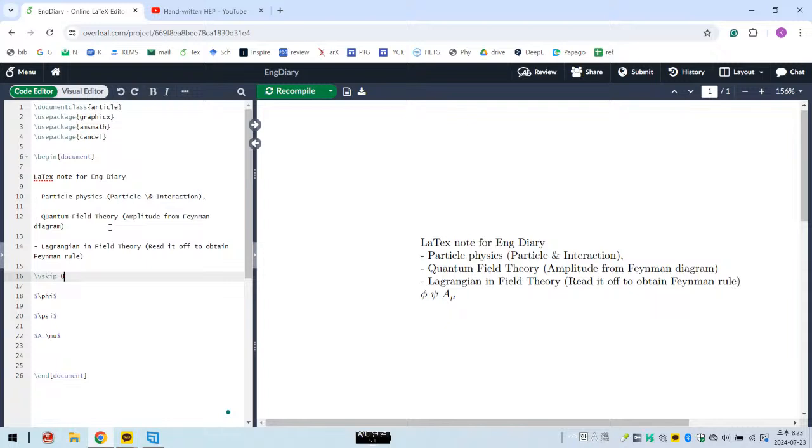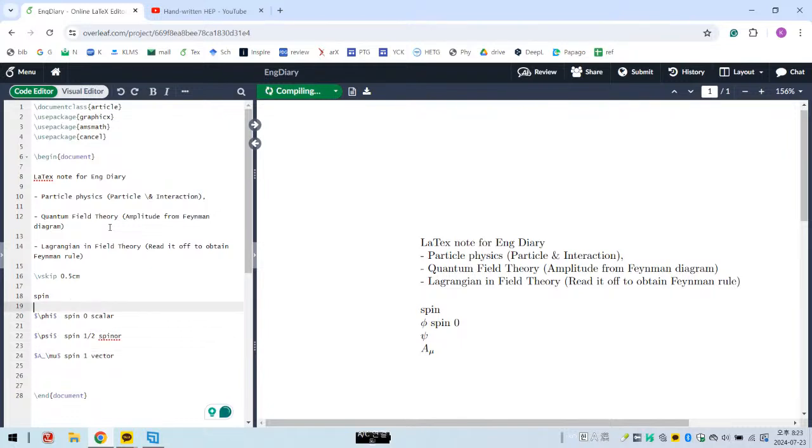There is spin 0, spin 1/2, and spin 1. So this is the spin 0 scalar particle, psi, the spin 1/2 spinor particle, and the spin 1 vector particle. Scalar, spinor, and vector are mathematical terminology, but in physics there is other terminology: the scalar particle is a scalar boson, the spin 1/2 particle is a fermion, and the vector is something like a gauge boson.